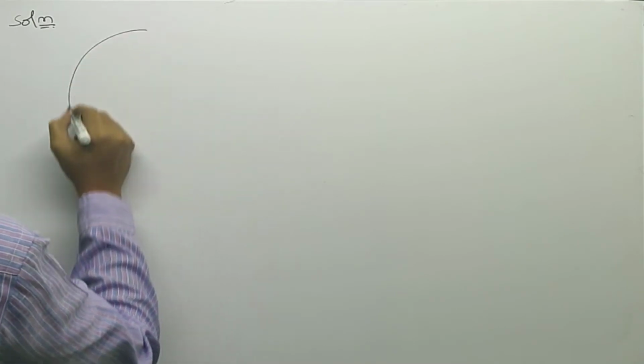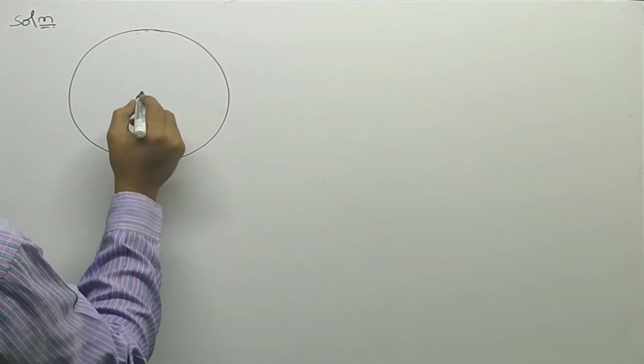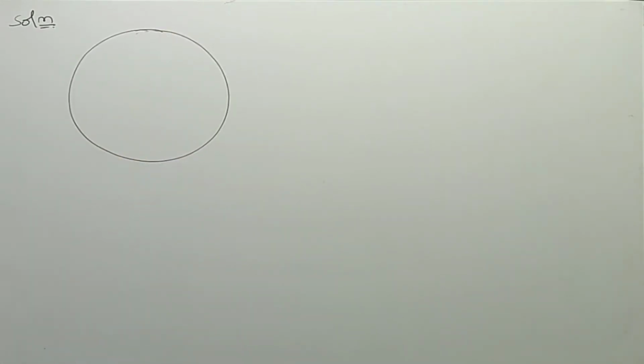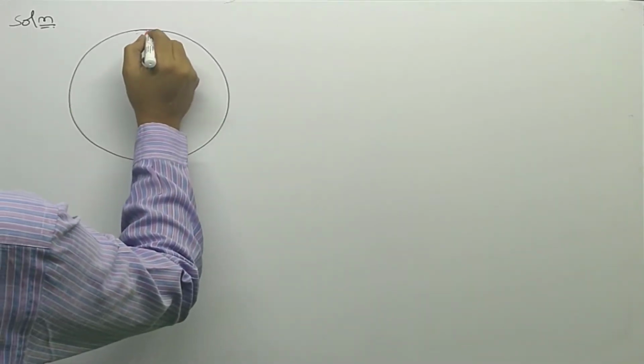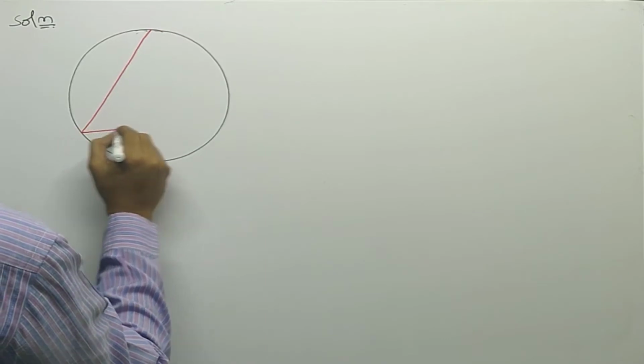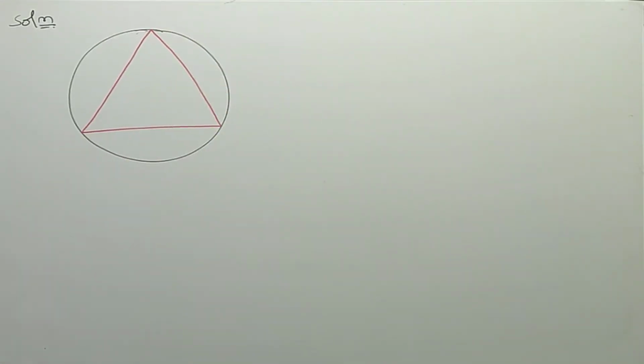In the diagram, a circle of radius R is given, and from this circle, an equilateral triangle of each side equal to root 3 into r is removed.